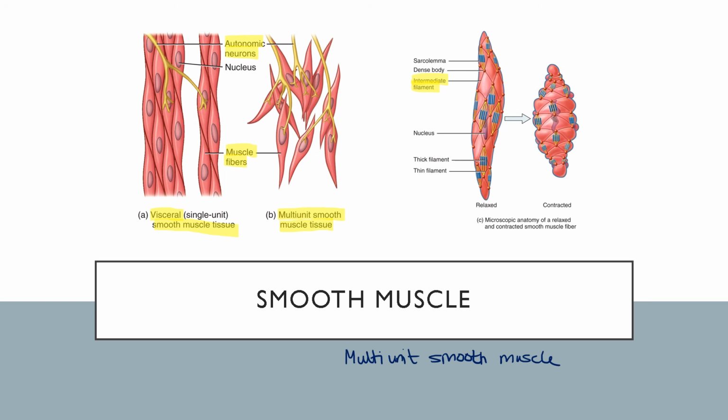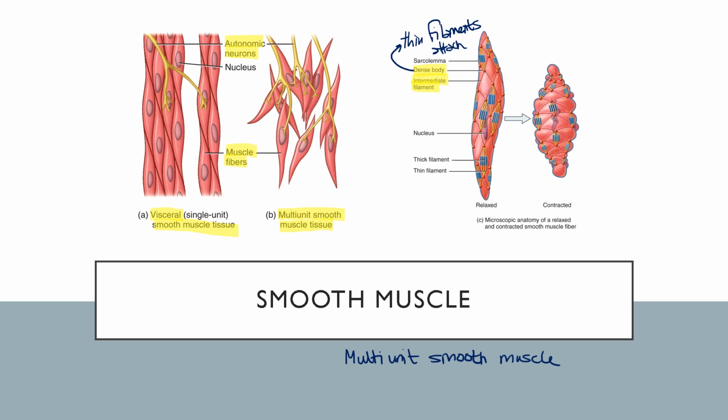The thin filaments will actually attach to structures called dense bodies. This is where thin filaments attach. And these dense bodies are functionally similar to Z discs that we've seen in the striated muscle fibers.